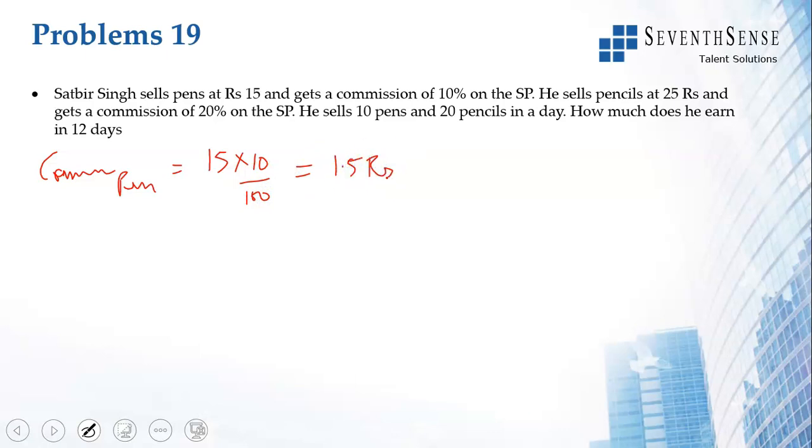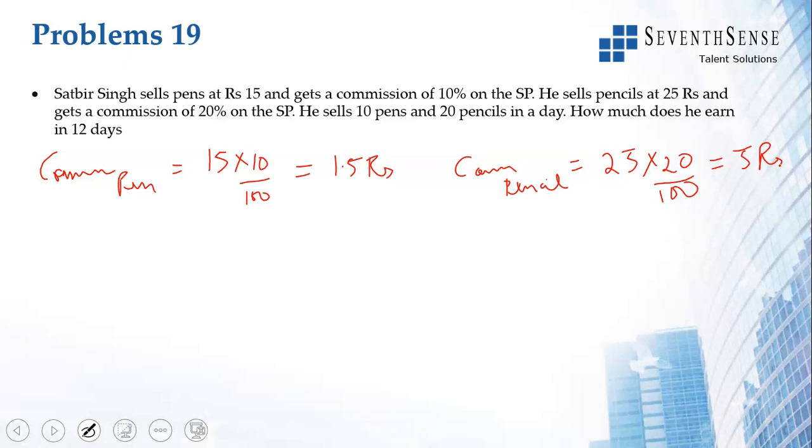Commission on a pencil, similarly, is equal to 25 into 20 by 100, which is 5 rupees. So he's getting 1.5 rupees commission on a pen and 5 rupees on a pencil.